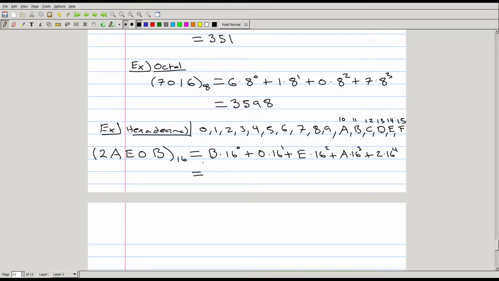So when you compute this number, you end up getting 175,627.